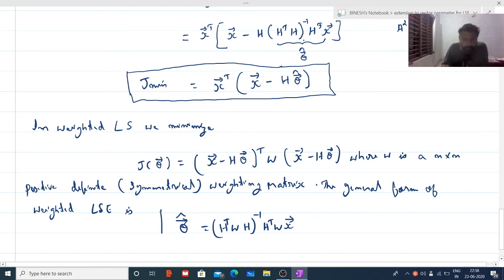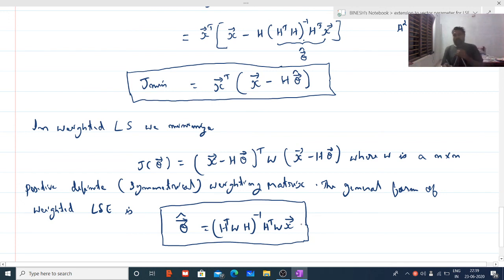Okay, so this is nothing but the weighted least square estimate. Clear? Just make that also in the box.